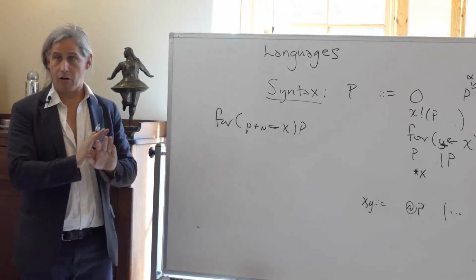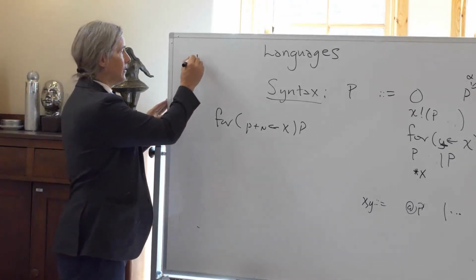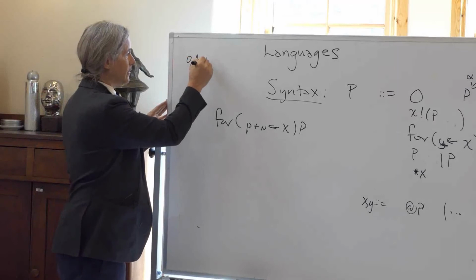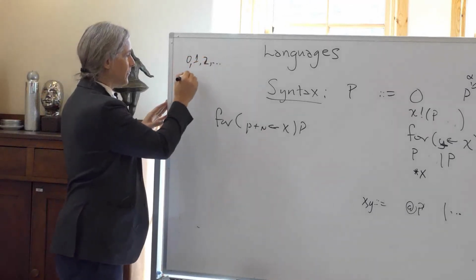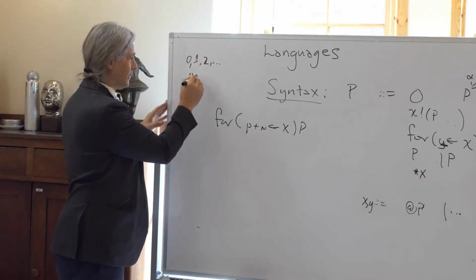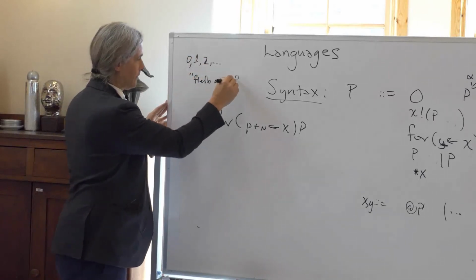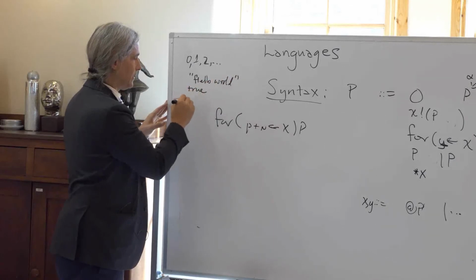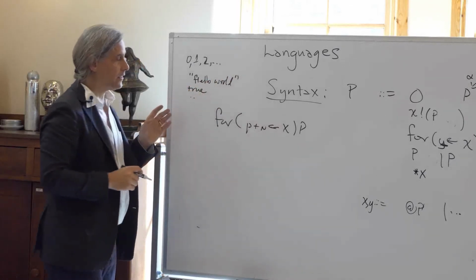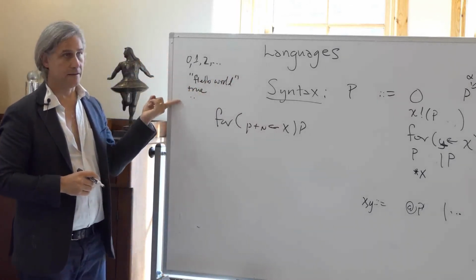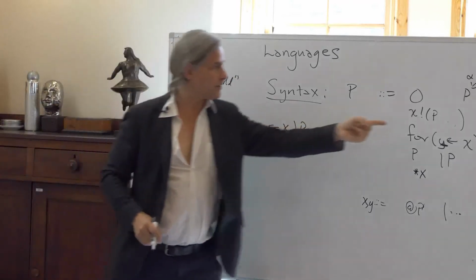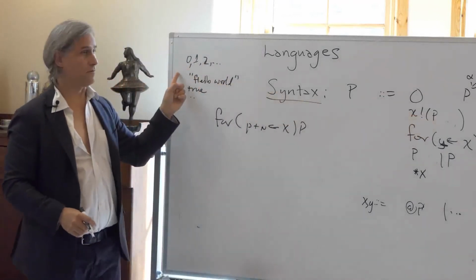So we say all the ground types, so the numbers, strings, booleans, and so on. These are all processes. So since we can send processes, we can now send values.